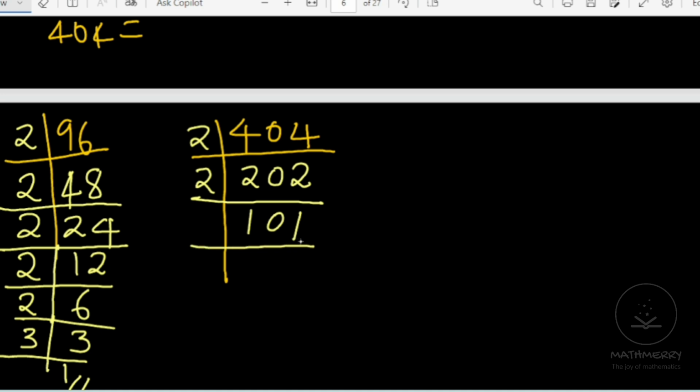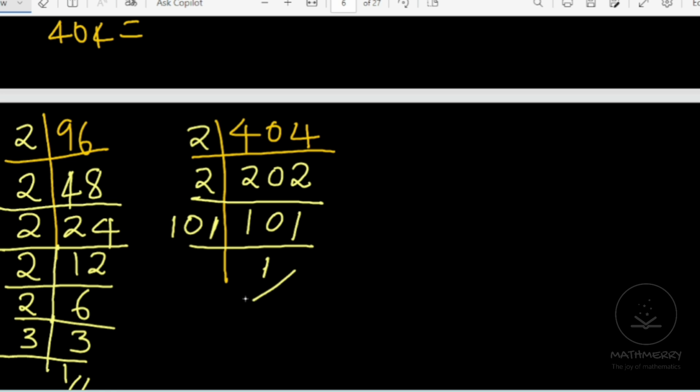Now 101, can we divide it with any numbers? The thing about 101 is it's a prime number. So we can only divide 101 with 101 itself, and 101 divided by 101 is 1.